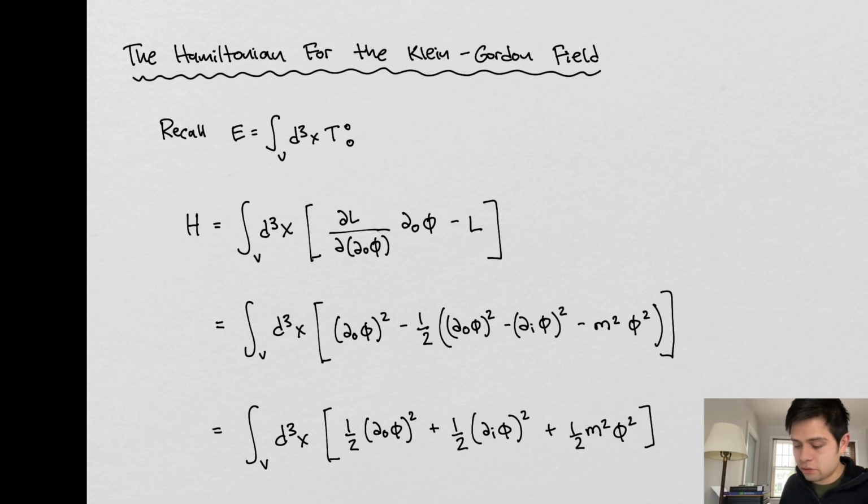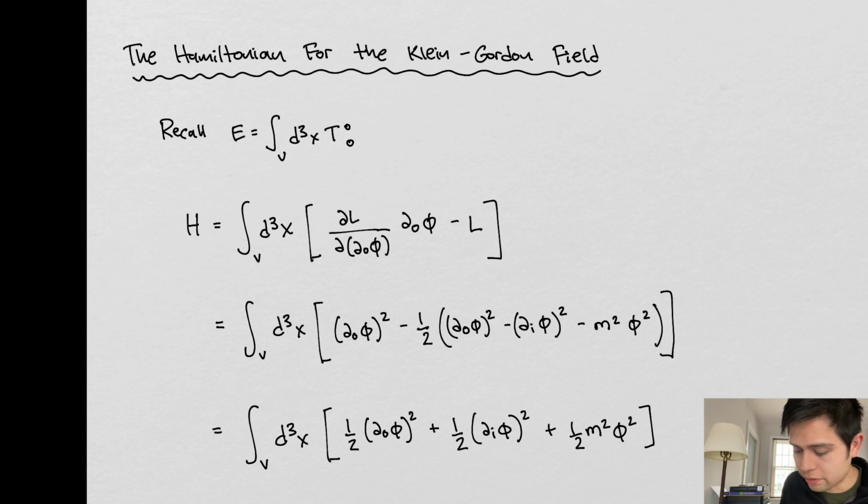Anyways, we want to recall that the Hamiltonian for the Klein-Gordon field comes from the space-time symmetries that we talked about while discussing the Lagrangian quite a bit ago.